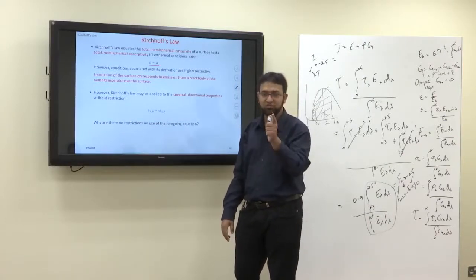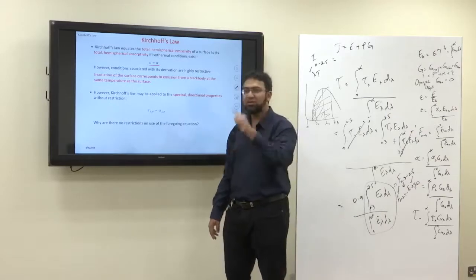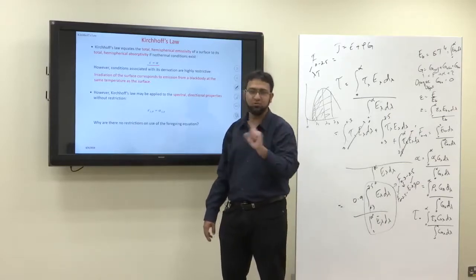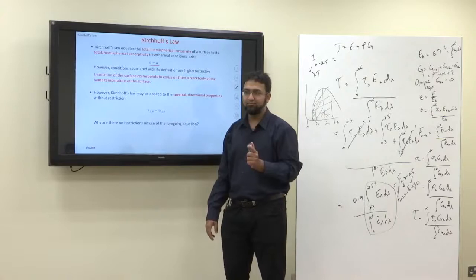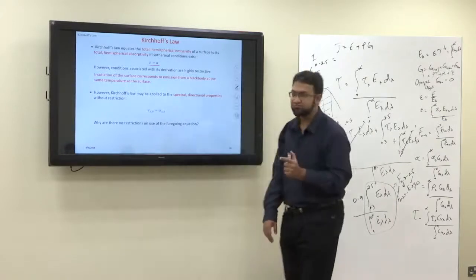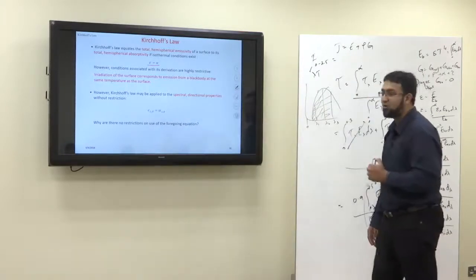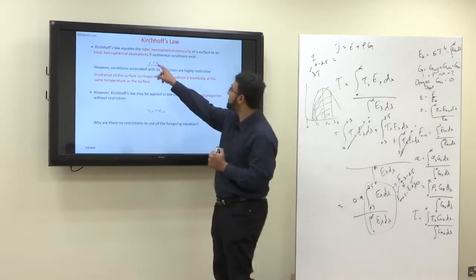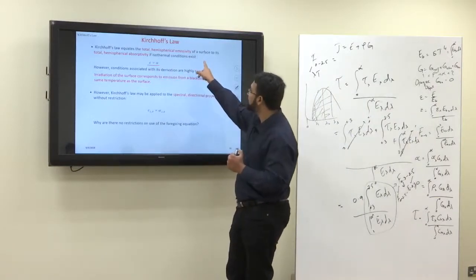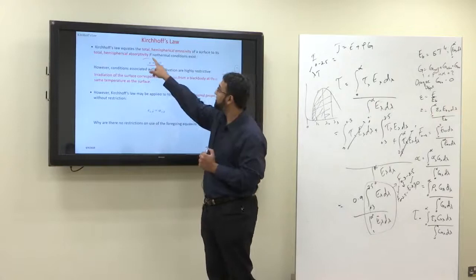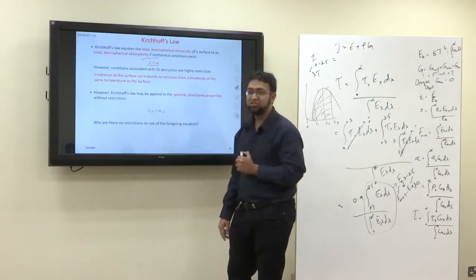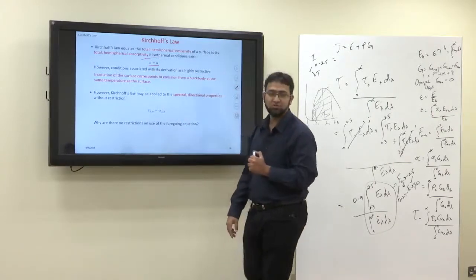For a constant temperature; if the temperature of the body is changing, then epsilon is not equal to alpha. Is it clear? So Kirchhoff's law equates the total hemispherical emissivity of a surface to its total hemispherical absorptivity if isothermal conditions exist. So epsilon is equal to alpha.